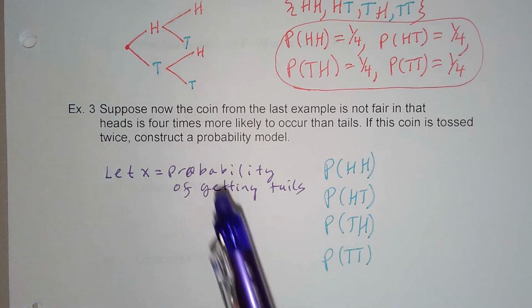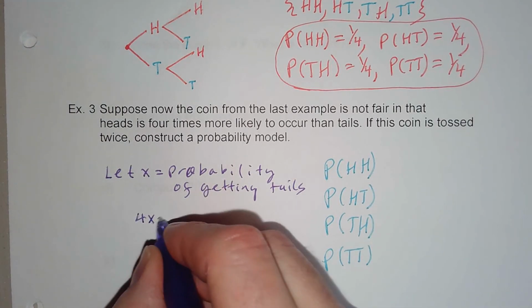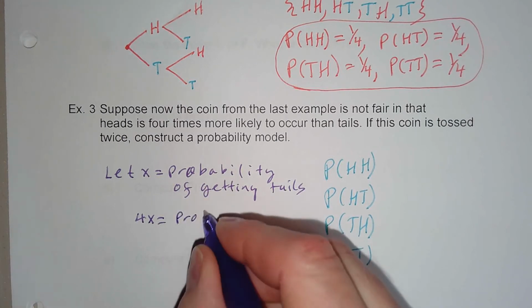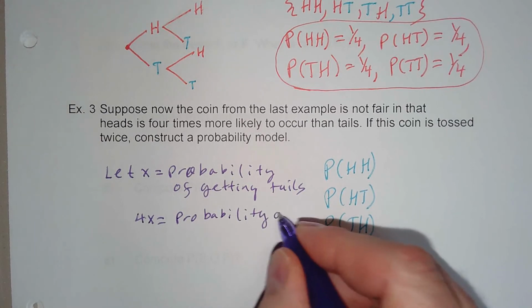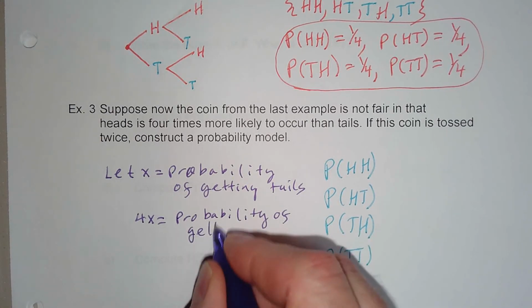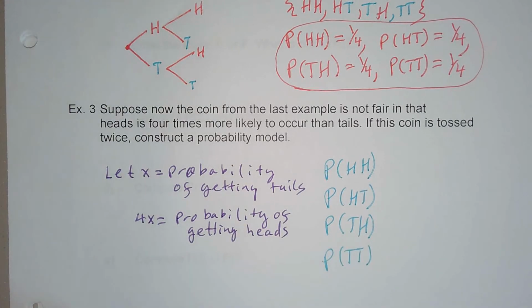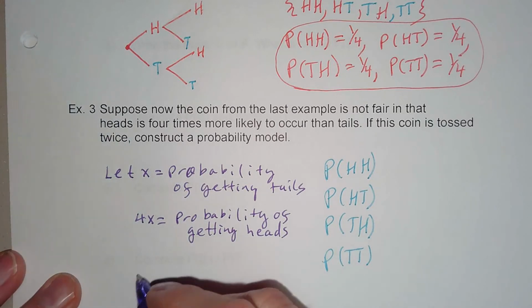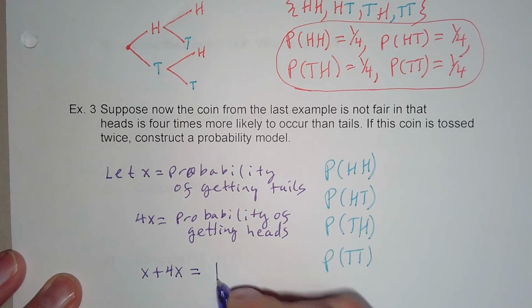Now, getting heads is 4 times more likely, so 4x would be the probability of getting heads. So if I flip a coin once, I have x probability of getting tails and 4x probability of getting heads. And if I add those together, that has to sum up to 1.